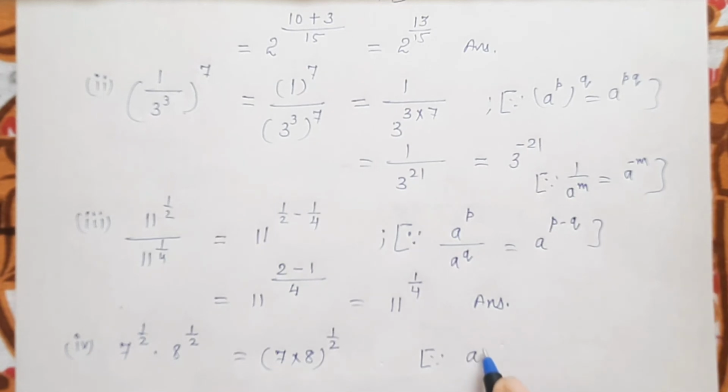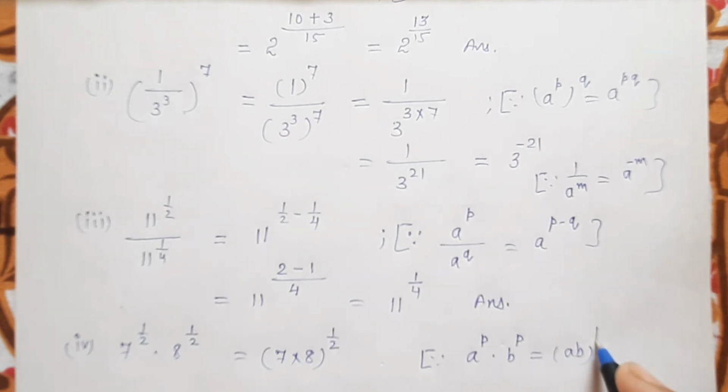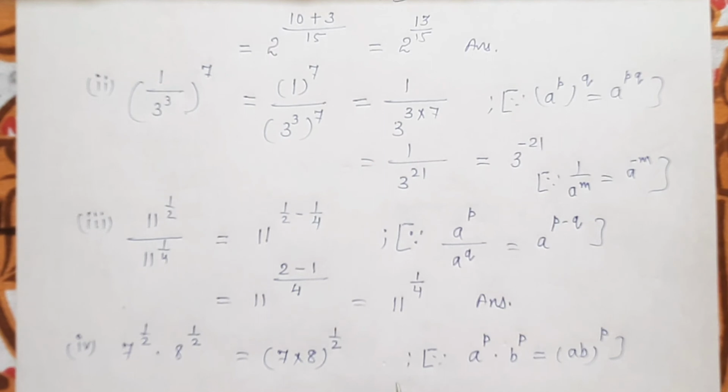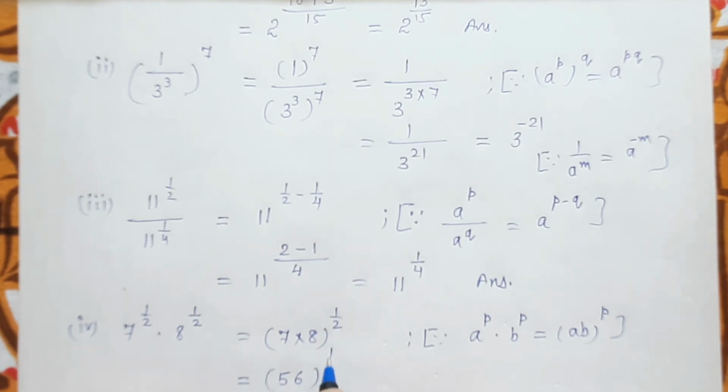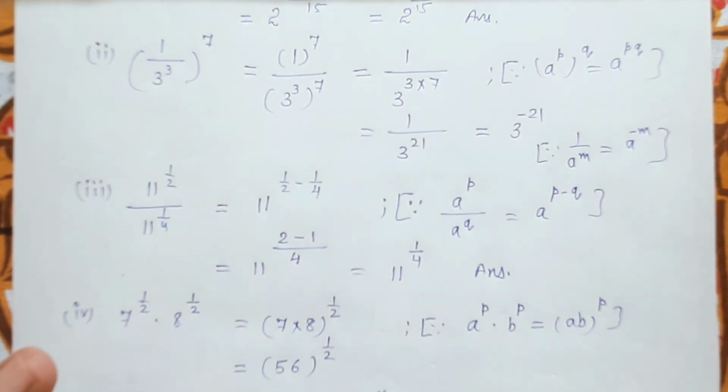Since a raised to power p into b raised to power p gives us ab raised to power p. So 7 times 8 is 56, raised to power 1 by 2. So this is the end of the chapter also.